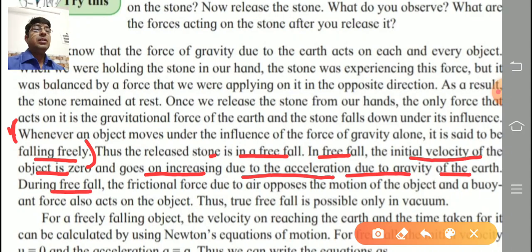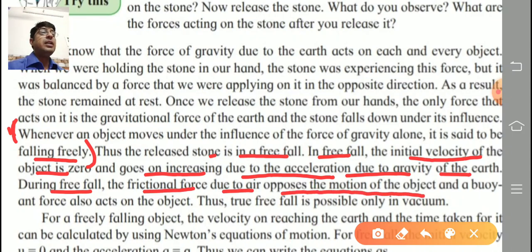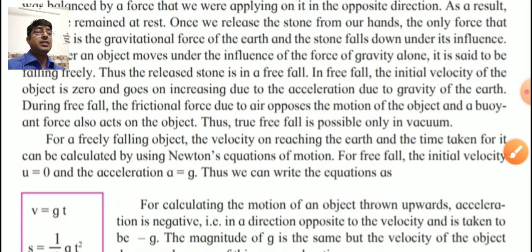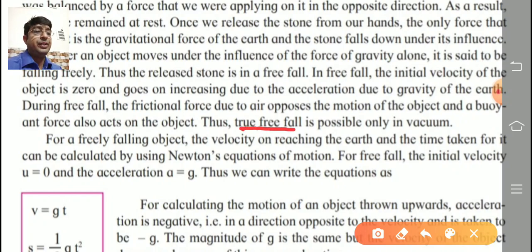During free fall, the frictional force due to air opposes the motion of the object, and a buoyant force also acts on the object. Therefore, last line you underline. Therefore, true free fall is possible only in vacuum, because on the earth atmosphere is present, and that does not happen in the true sense on the earth. So that last line you underline: true free fall is possible only in vacuum.